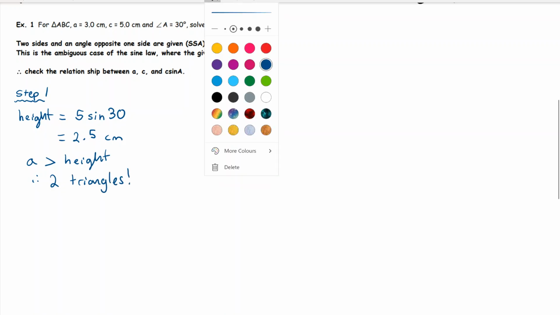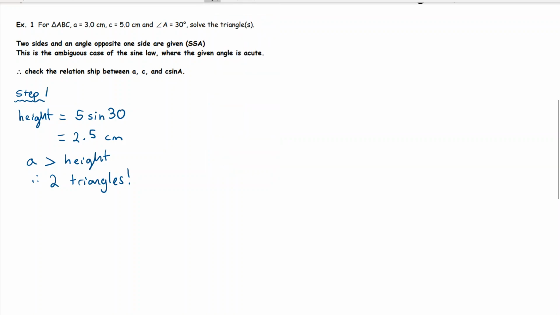Now that I've checked that a triangle can indeed form, I'm going to start solving it. So step 2, I'm going to draw out my 2 triangles. It's not going to be to scale, by the way.